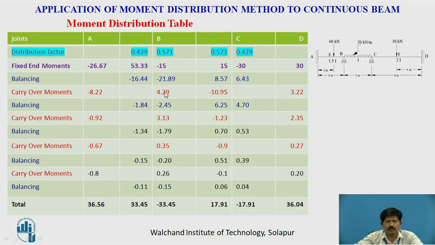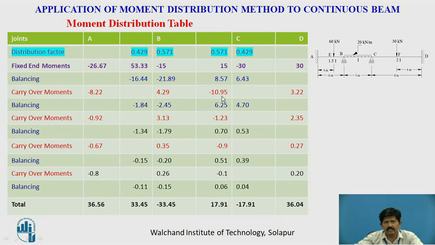Again this balanced moment is distributed according to the distribution factor, that is 4.29 into 0.429, you will get this value minus 1.84. Again 4.29 into 0.571, you will get minus 2.45. Again here this is unbalanced moment, minus 10.95, multiplying with 0.571 and giving opposite sign, you will get 6.25.